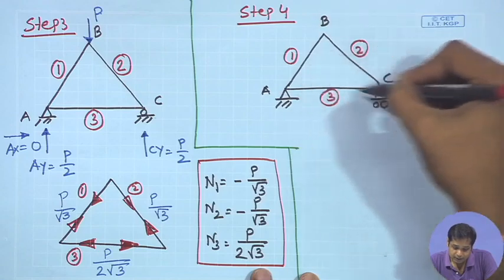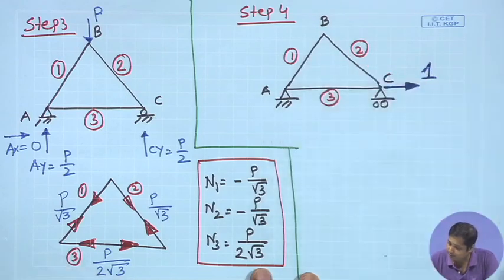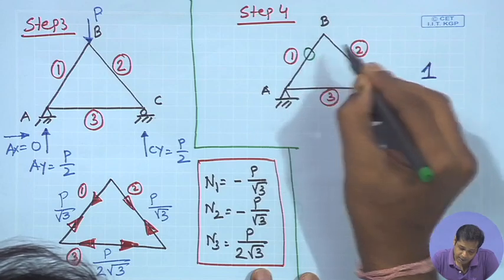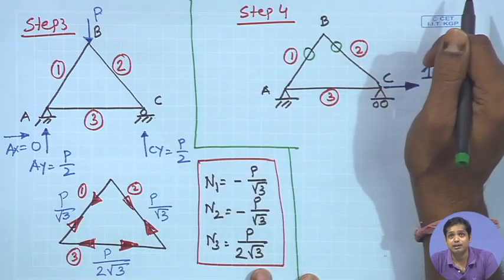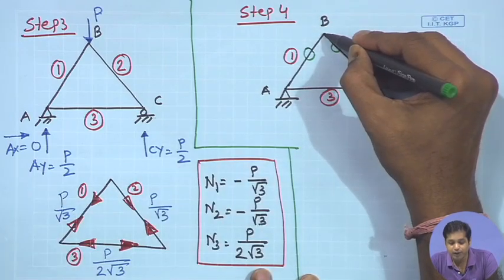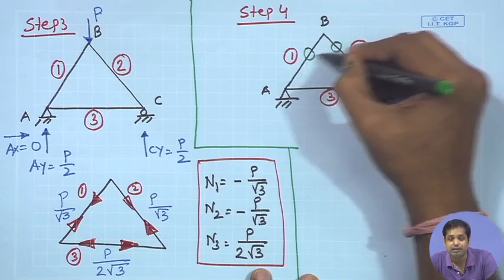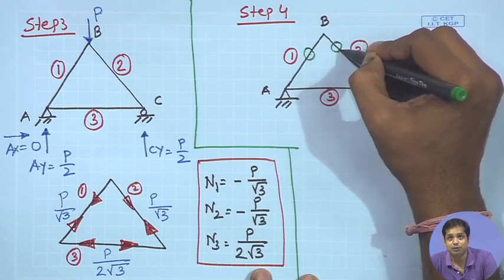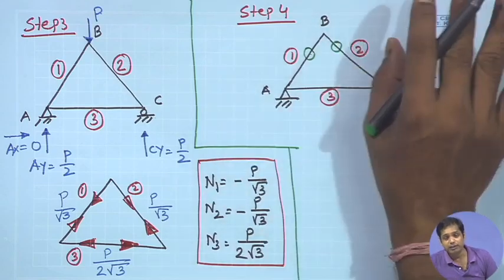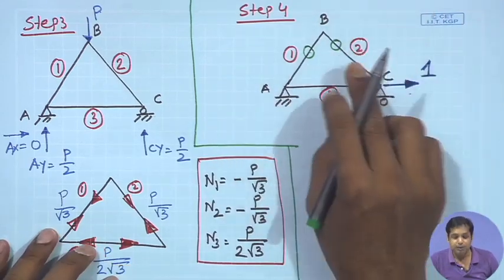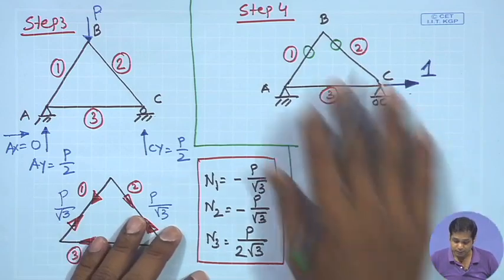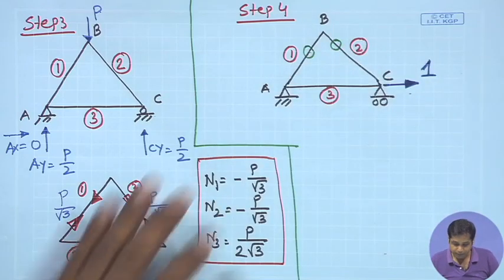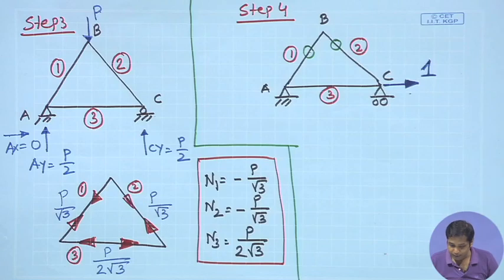Now, if you look at this structure, then member AB and member BC are zero force members, because if you take joint B, draw the free body diagram of joint B and apply the equilibrium condition, you get these as zero force members. But again, instead of doing that, just by looking at the truss, you should be able to identify the zero force members. So, these two members are zero force members. So, our problem becomes easier.